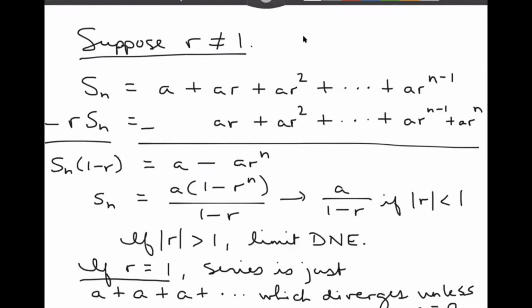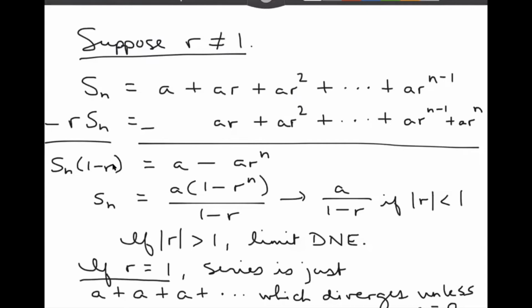And then I just think this is so cool. All of these middle terms cancel out and leave you with nothing but a, this a right here, minus ar to the power n. Okay, so s sub n times 1 minus r is equal to a minus ar to the n. So now is where r does not equal 1 comes in handy.